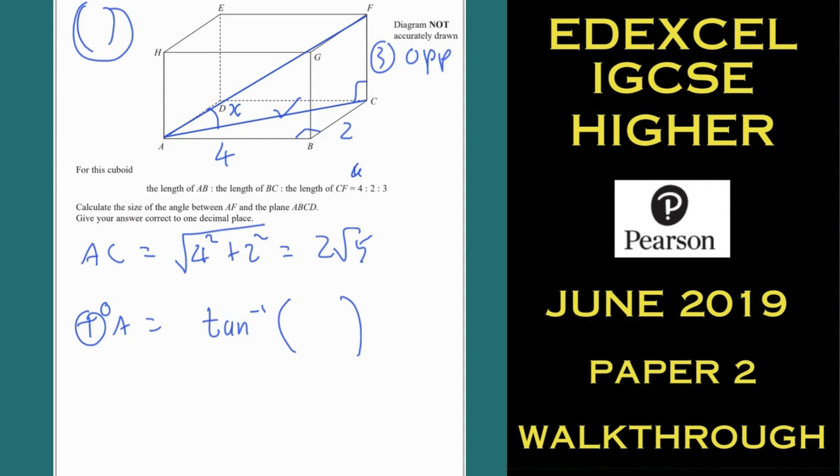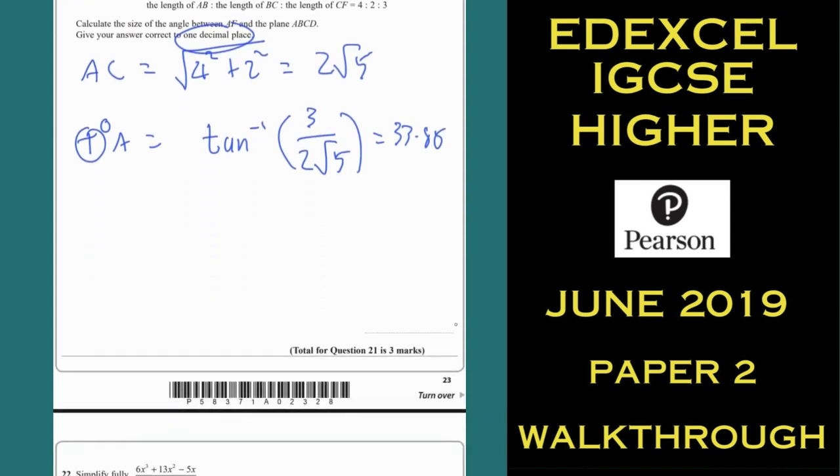Shift tan, and its opposite, which is 3, divided by adjacent. Stick that in your calc. I get 33.85-ish. They want 1 decimal place. I always do what I'm told. 33.9 it is.